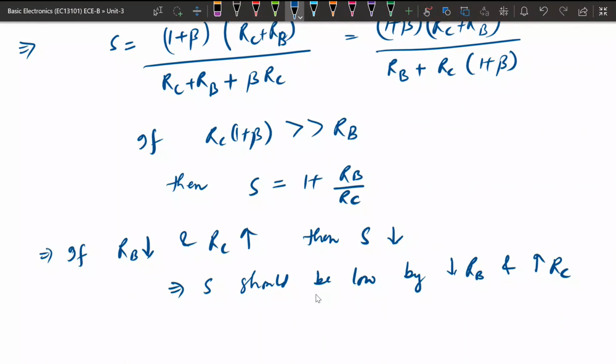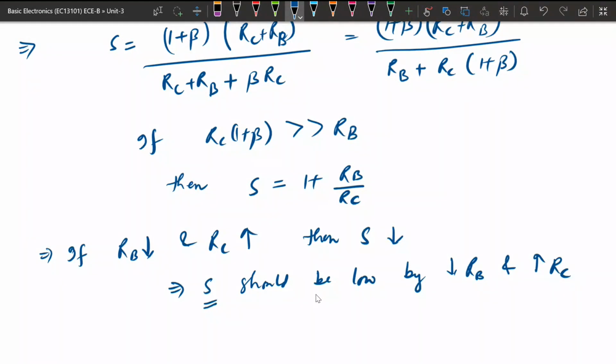So we need to design this collector base biasing circuit such that we have S low, because we need a stable circuit. That means it should range between 1 and 1 plus beta. To reduce this S value, we need to reduce the IB and increase the IC value.